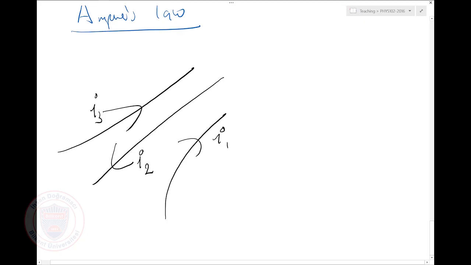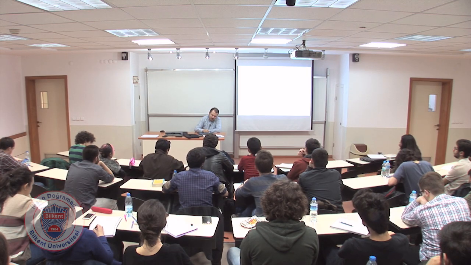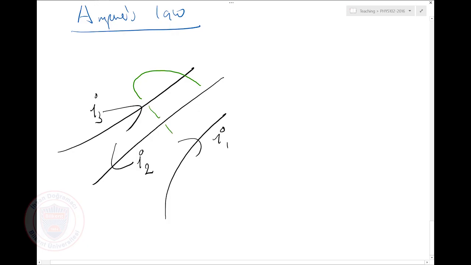It says choose any loop in space. Take a loop, not a surface now, but a loop. So I'll choose a loop which encircles these currents, and choose a sense of rotation along this loop.